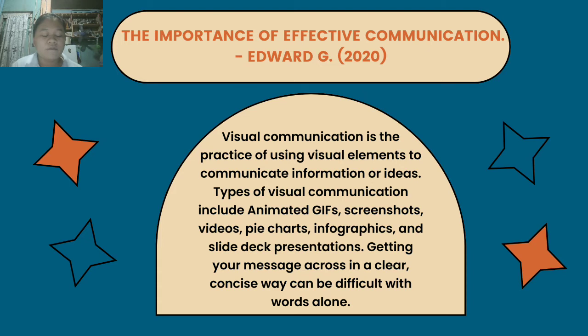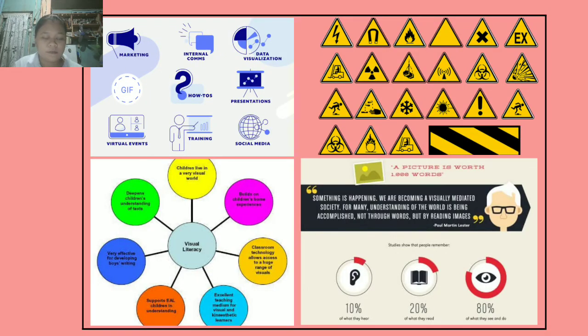Now, visual communication is a type of non-verbal communication. It is shown by using visual elements such as animation, GIF, videos, pictures, or infographics. These are some examples of visual communication aids.